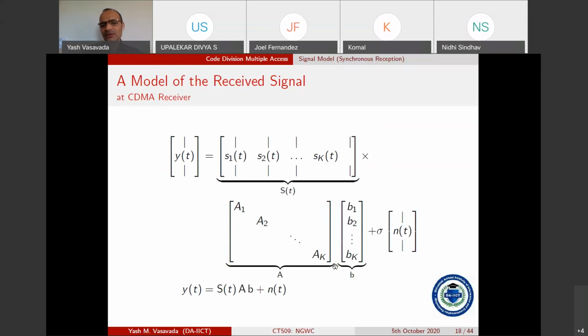So you could also think of this diagonal matrix as defining the square root of symbol energy, square root of ES1, square root of ES2, and so on. And in our earlier formulations, this symbol energy was kind of absorbed in the symbol vector. So that is one slight difference that we are making. But other than that, we can actually proceed in the same manner as what we have done earlier.